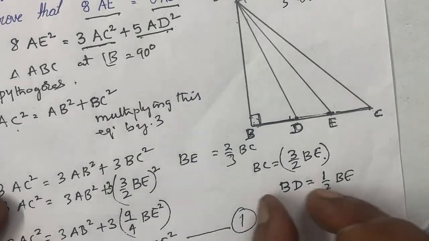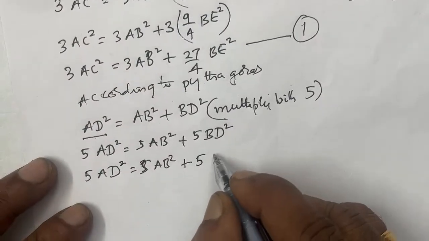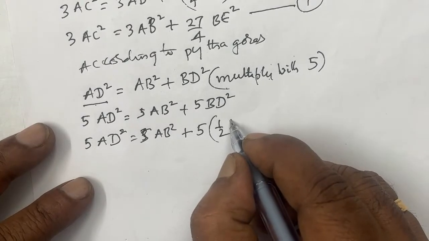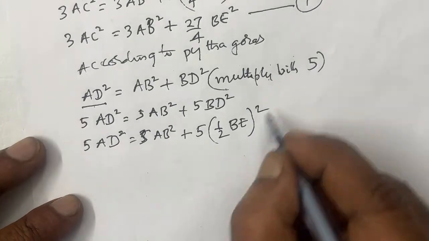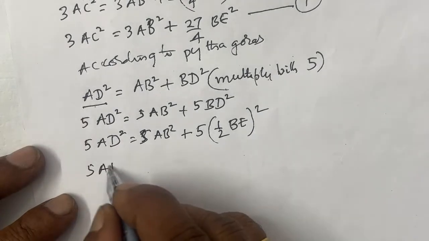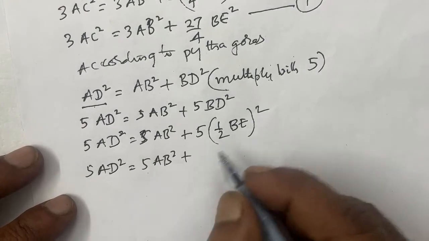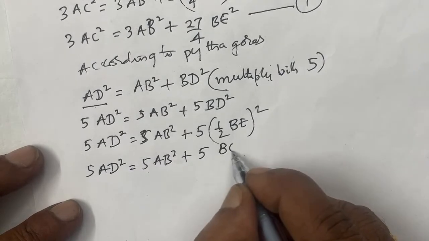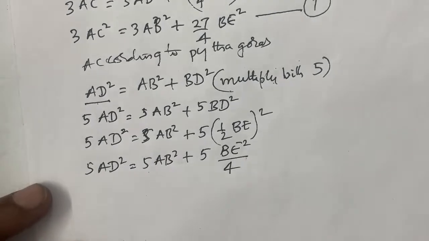In this, 5 into 1 by 2 BE, whole square. Then 5AD square is equal to 5AB square plus 5 into BE square by 4.